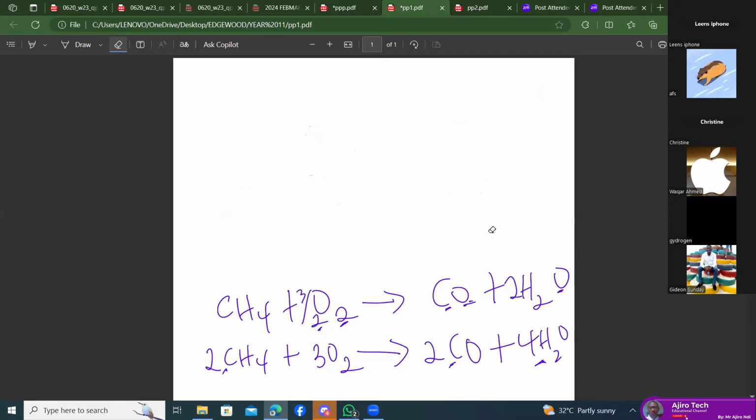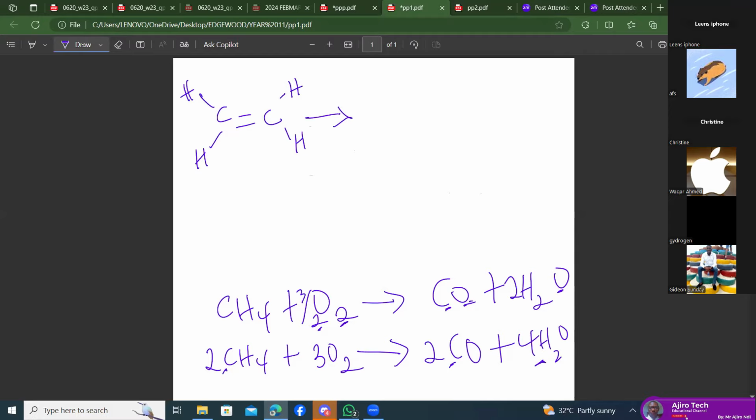For instance, in a question, we could be asked to show how ethene undergoes addition polymerization. So this is ethene, C double bond C, with H, H, H, and H. This is ethene undergoing addition polymerization.